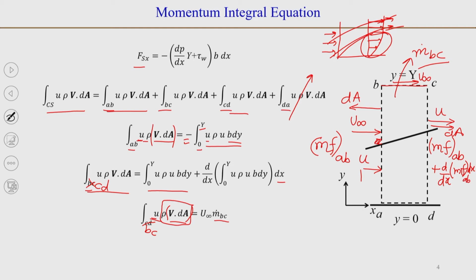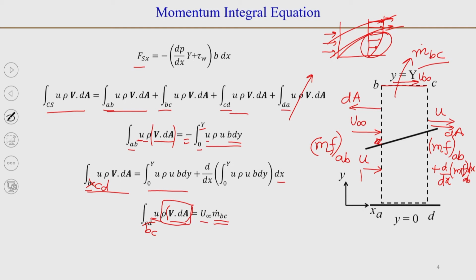If it is a curved plate, then x is along the curved plate and y will be normal to the curved plate. In any case, u infinity is the free stream velocity, which is parallel to the plate direction. So, this is u infinity into m dot BC.